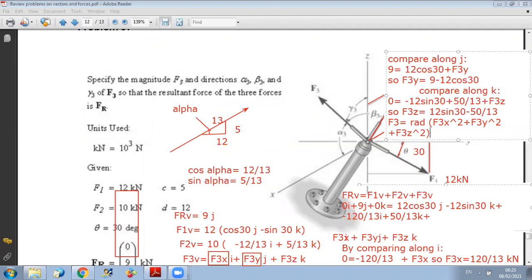And who will tell me how I will find the direction angles? Which equation will allow me to find angles alpha 3, beta 3, and gamma 3 with the axes x, y, and z? What should I do?